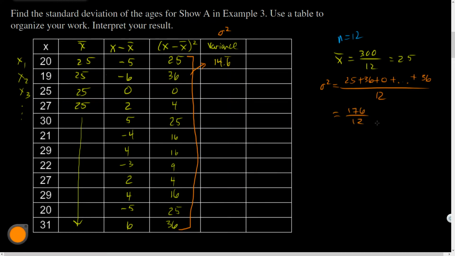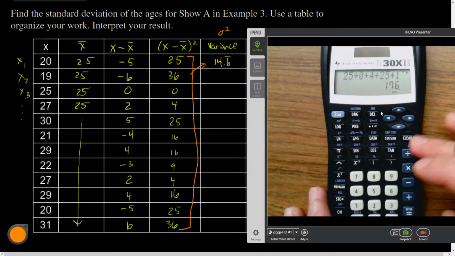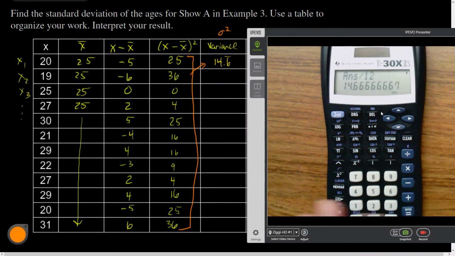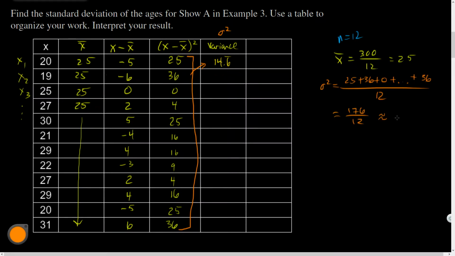And I've still got to divide that by 12. And I will get approximately 14.6 repeating. Well done. Now, if you wanted to round that, let's round to 2 decimal places. Because this number is 5 or bigger, I'm going to round this up to 14.67. Okay?